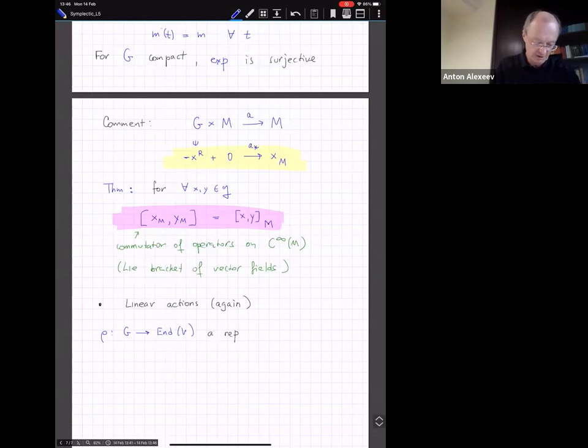And let's choose an element of the Lie algebra. And then by abuse of notation, we define rho of x. And rho of x is defined in a way which is a bit similar to what we were doing before, but now with a plus sign.